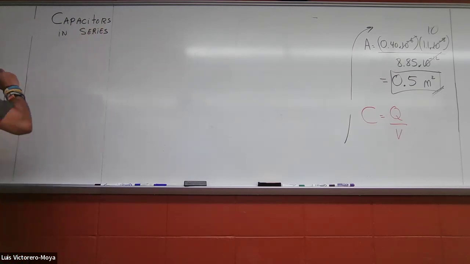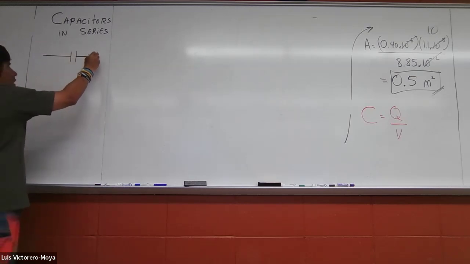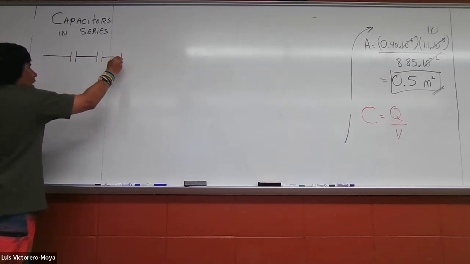All right. So the notation that we're going to use for capacitors, especially in circuits, is like this. This is how you draw a capacitor in a circuit. So that's 1, that's 2, and that's 3.